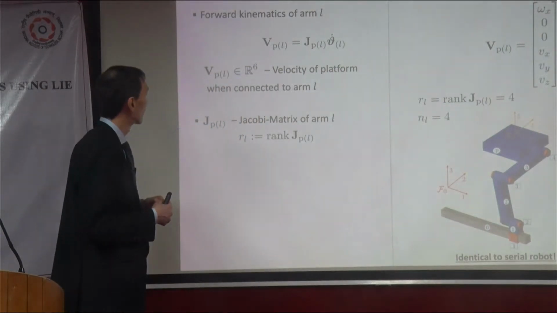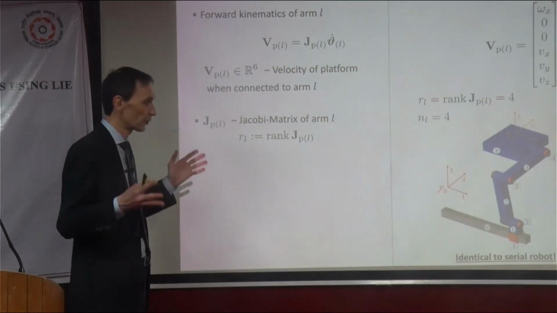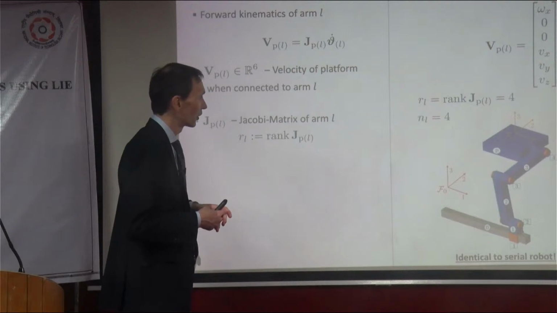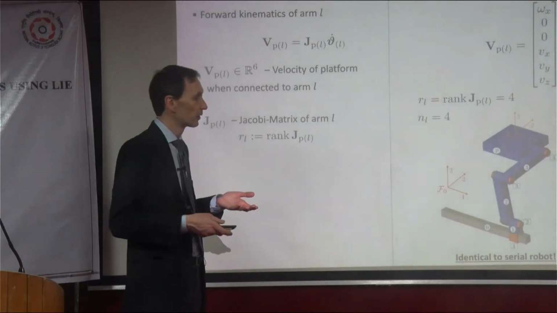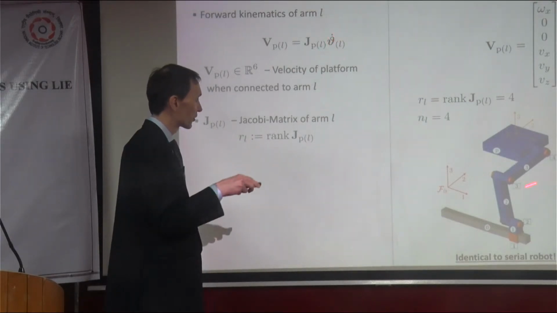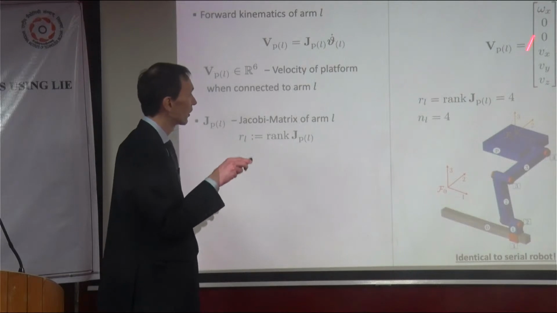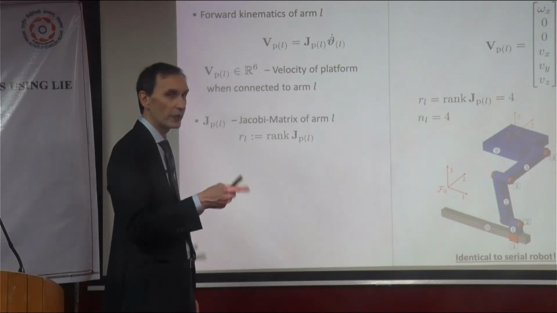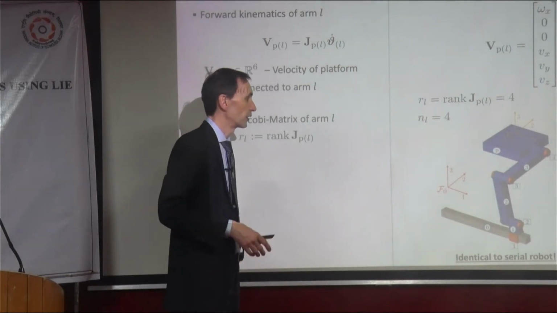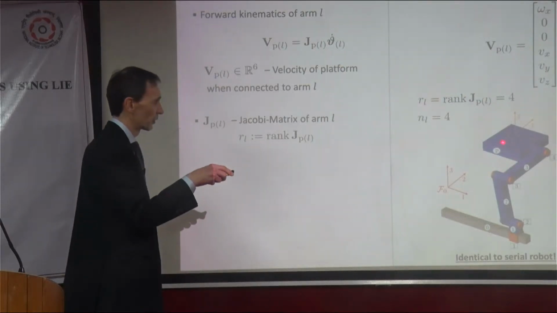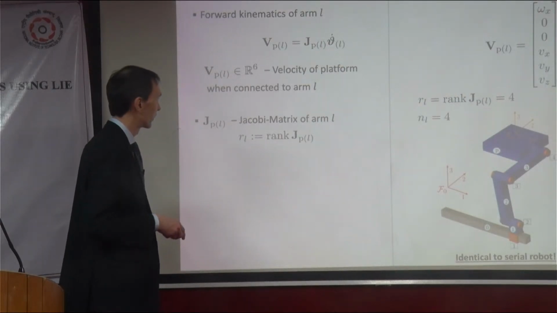Yes, and what you can of course do, and this is what we did already, you can define a Jacobian. The Jacobian multiplied with the joint velocities gives you the velocity of the platform when the platform is only connected to one limb.